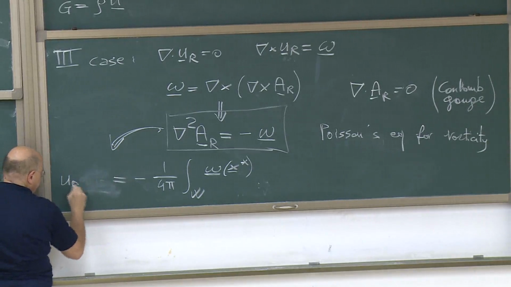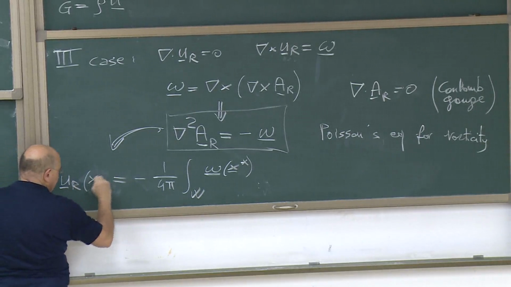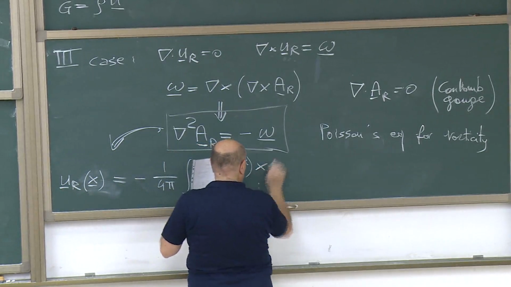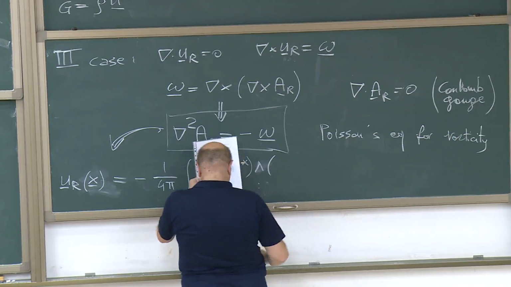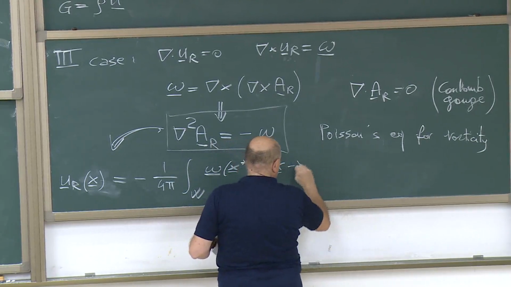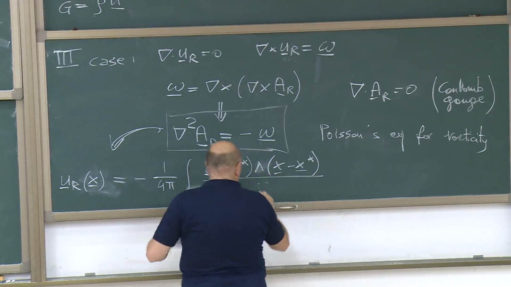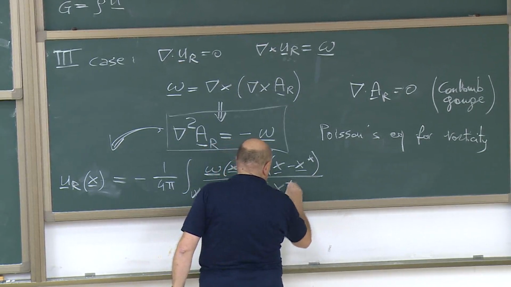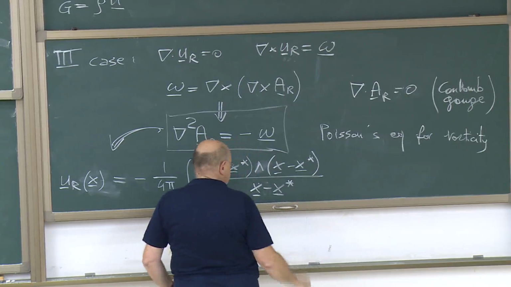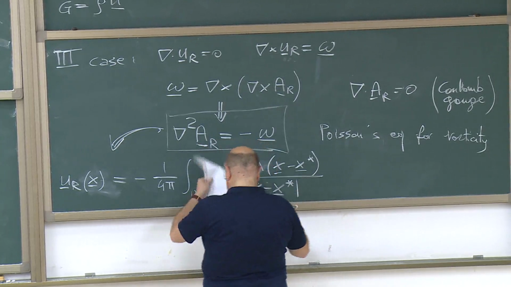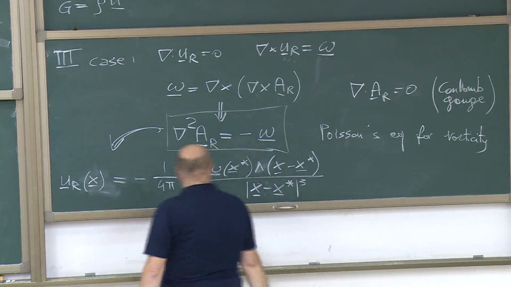Here I have UR of X. And this is the situation. Wedge, X minus X star, divided by what we recognize very well as the Green function. 1 over X minus X star is the Green function.